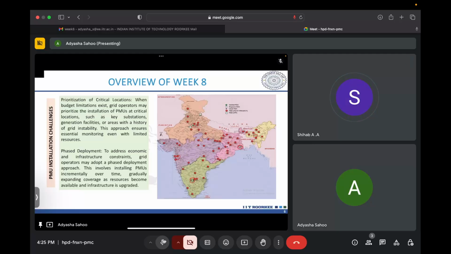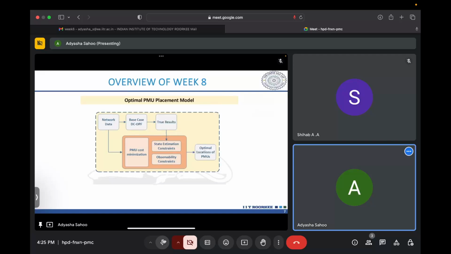Then we have this mathematical model for assessing the optimal location for these PMUs. So here you see what data you need for the model.